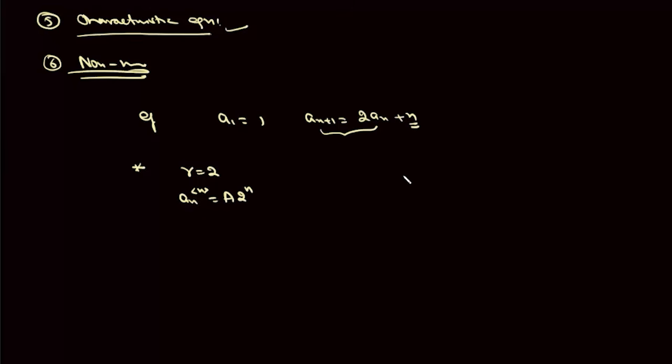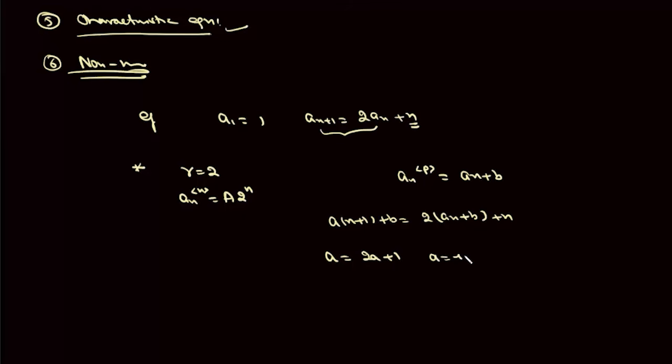Now for the particular solution, we'll try a_n^p as an plus b. So it will be a(n+1) plus b equals 2 times (an plus b) plus n. Now comparing the coefficient of n, we'll get a equals 2a plus 1.